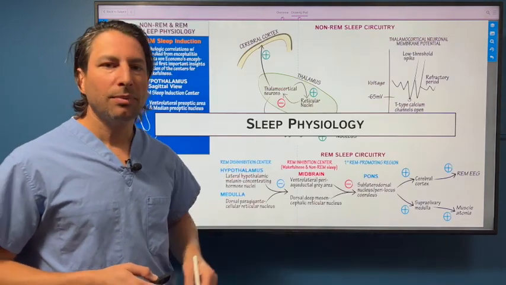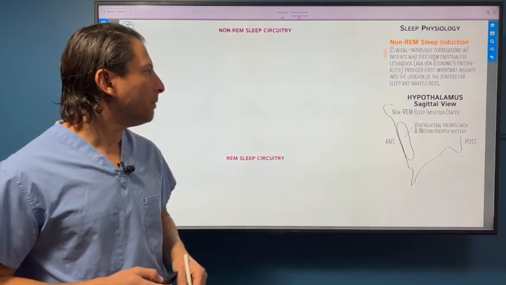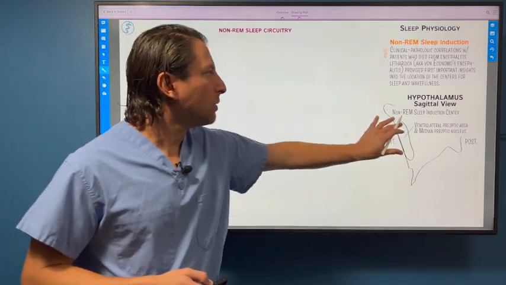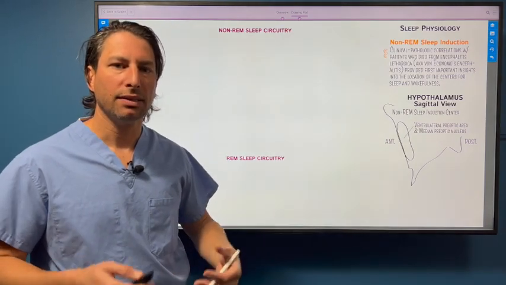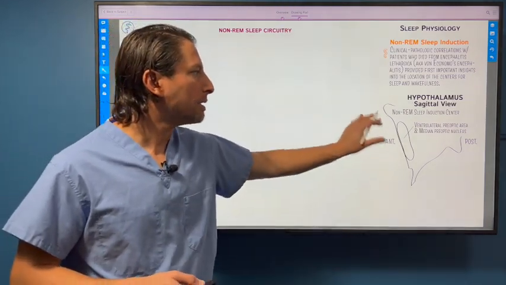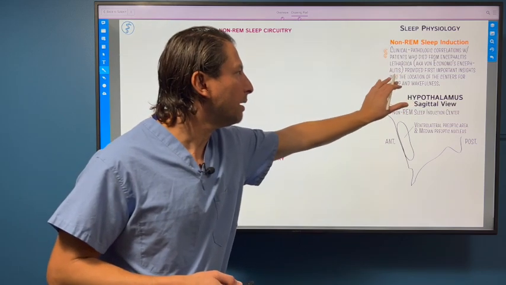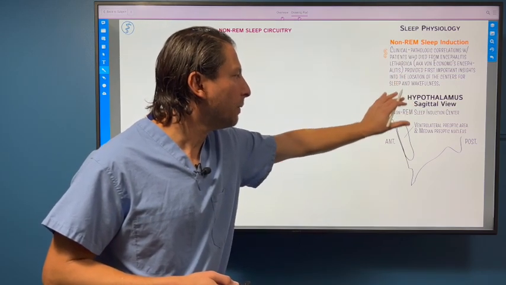So let's move to sleep physiology. There's a great story in terms of how von Economo was able to take patients with encephalitis lethargica, patients who had sleep disorders following the influenza.